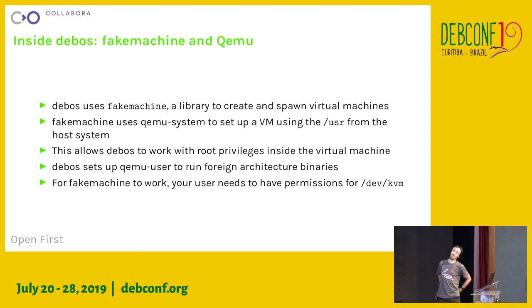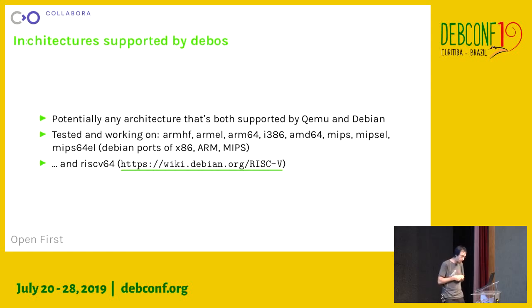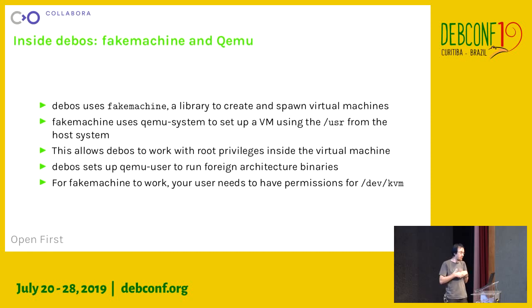But the interesting thing about how it works internally is that it uses a library called fake machine, which sets up a QEMU virtual machine using the /usr from the host system. And then inside of that virtual machine, we already have root.